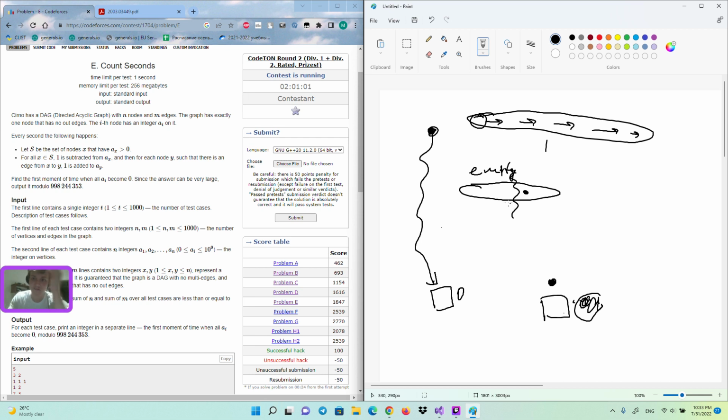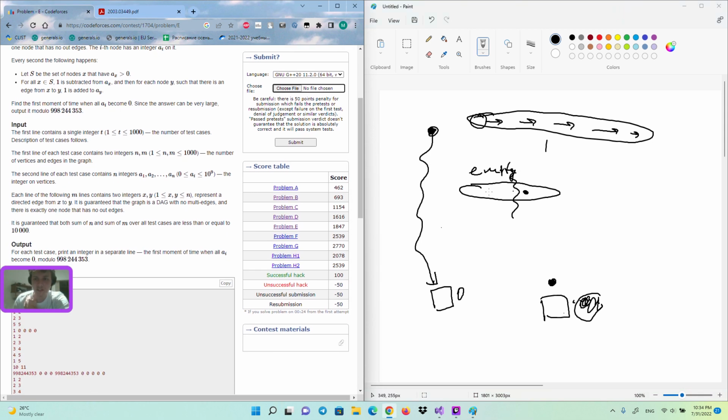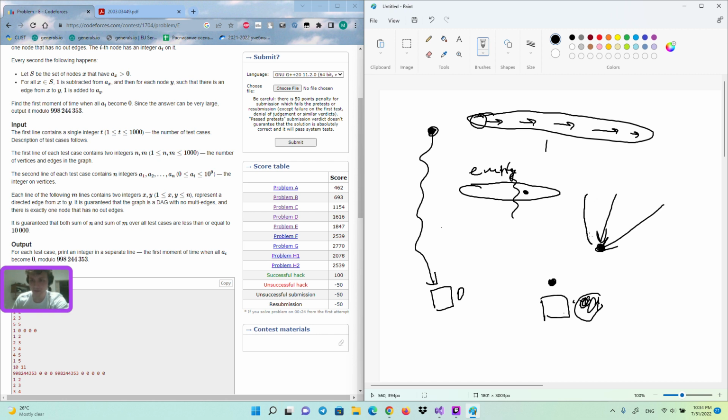I don't know. It becomes empty when all these edges, so we have several edges.